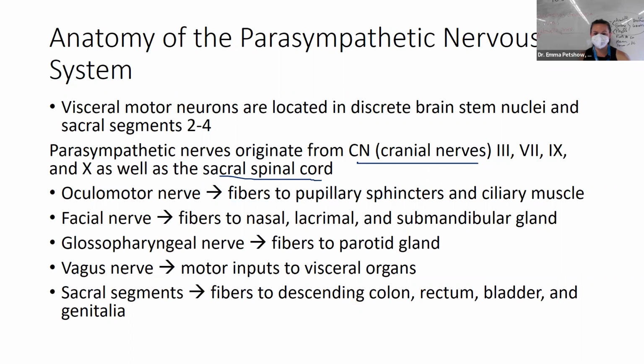Facial nerve being 7, nasal, lacrimal, and submandibular glands. 9 being our glossopharyngeal nerve, fibers to our parotid gland. There are other functions, right? But these are the parasympathetic actions we're talking about. And the vagus nerve, motor input to visceral organs. Our sacral segments, like I mentioned, fibers to the descending colon, rectum, bladder, and genitalia.